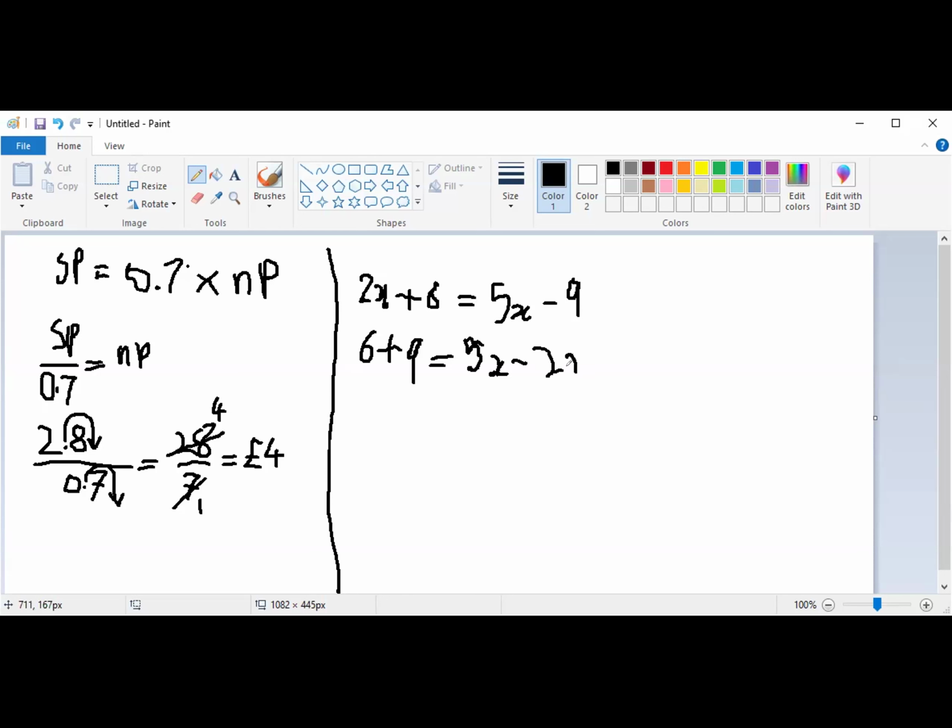What's on the left hand side? This is 15, isn't it? 15 equals 3x. So that means x will be 5. Thank you very much.